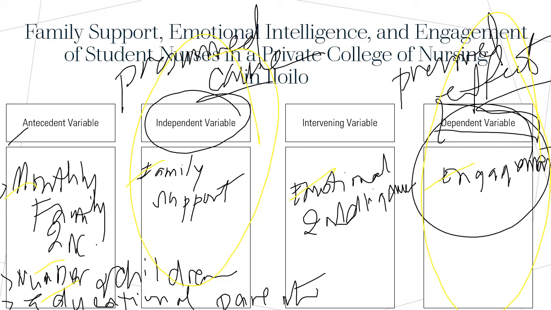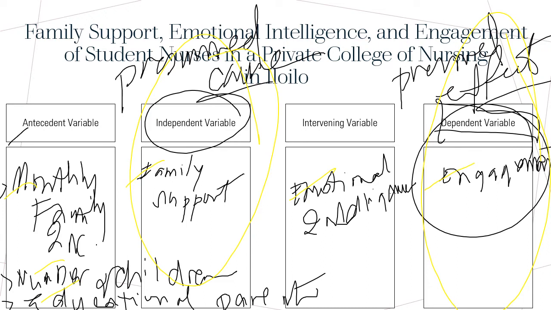Now, let's have it. When I say general objective, I would say, this study aims to determine the level of family support, emotional intelligence, and engagement of student nurses in a private college of nursing in Iloilo City. During the time of pandemic, I could add that.